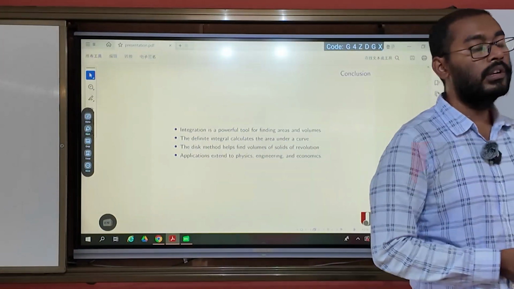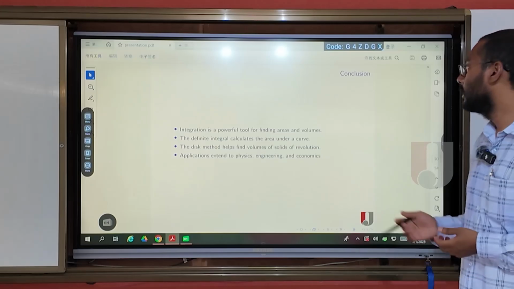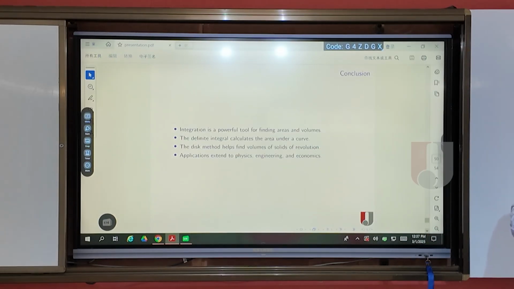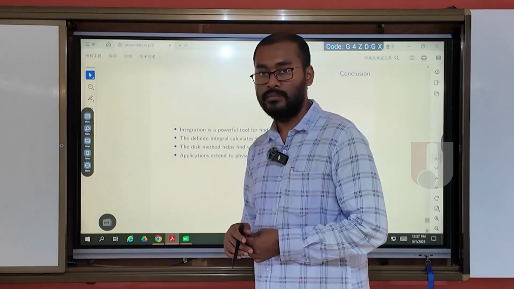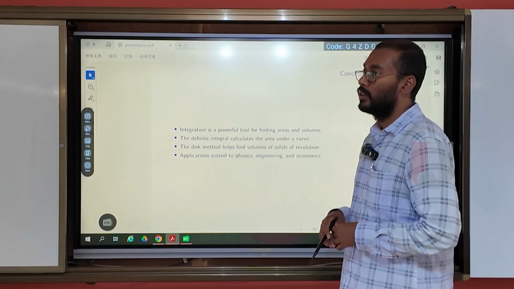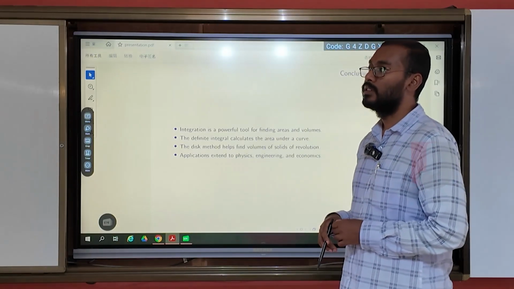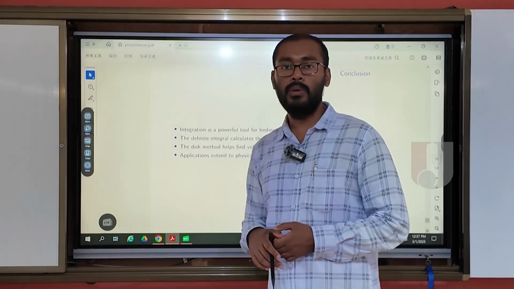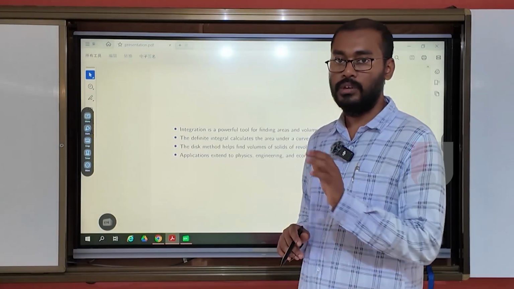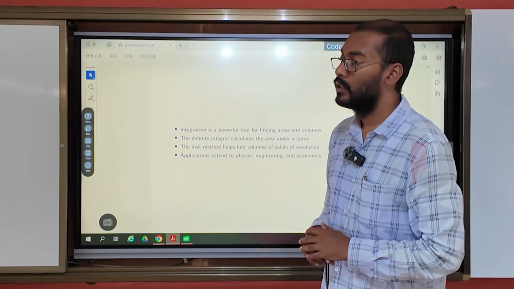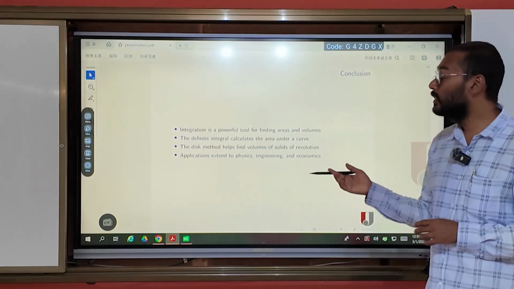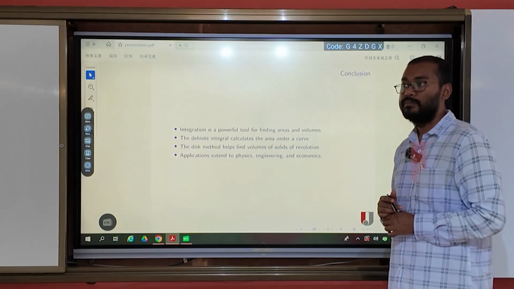So far we are discussing only area under the curve, but there are plenty of applications of these integrations in physics and chemistry. If you want to find out the work done by a force, you are pushing or giving some force and you want to find the work done, that can also be computed by this integration.